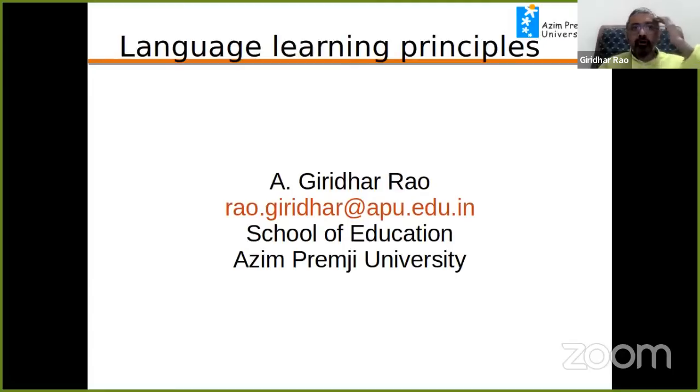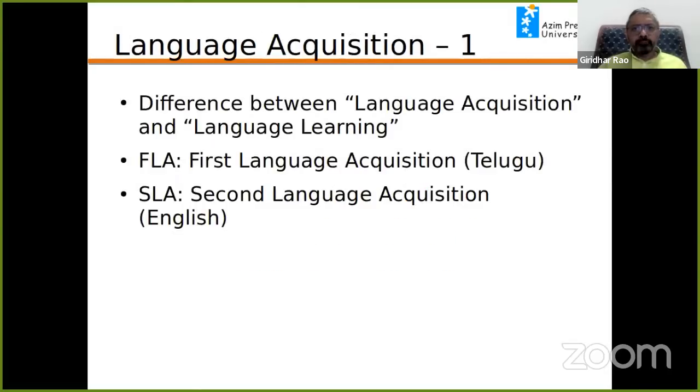Right. So I have called these language learning principles, the slides that I'm going to share. But the first point I want to make is that there is a difference between language acquisition and language learning. In the research on language education, this is a useful distinction to be made.